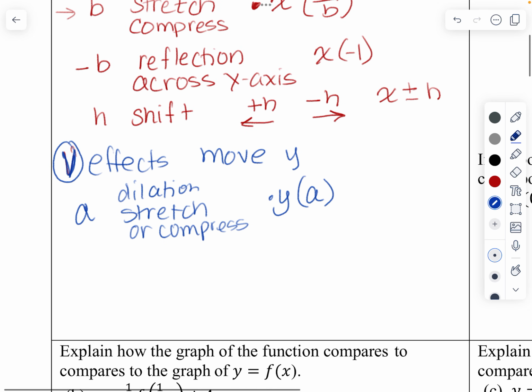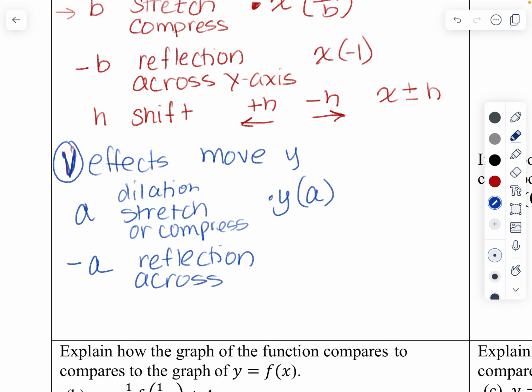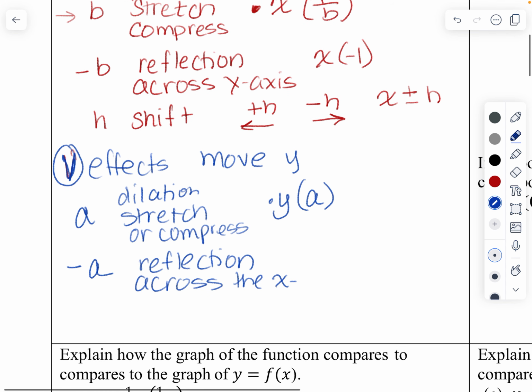All right, so A is a stretch or compression. You're going to take your Y times A. If it's a negative A, then you're going to do a vertical reflection or flip across the x-axis. So if you have a point above the x-axis, it's going to reflect below. If you have a point below the x-axis, it's going to reflect above.